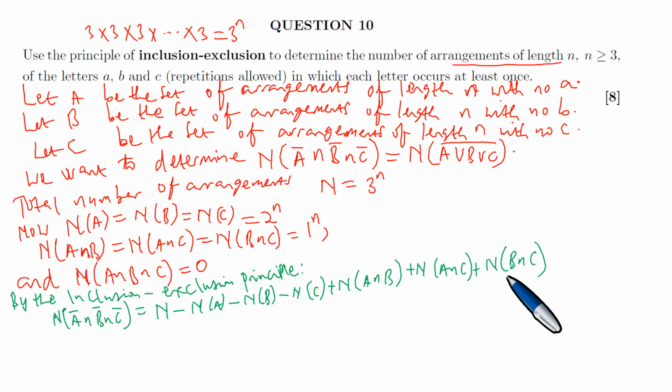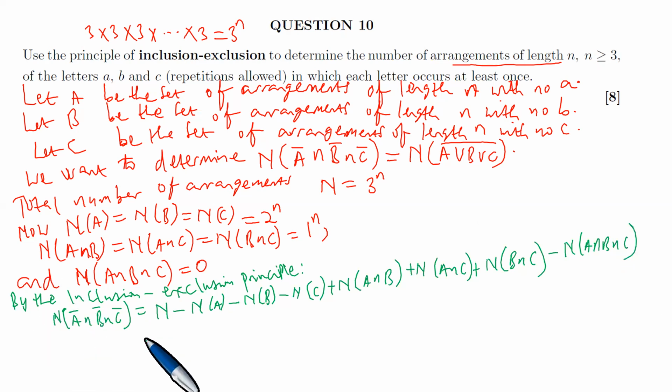Okay, so we have these n and A and B and C. Okay, so you have this one in A, B, C.